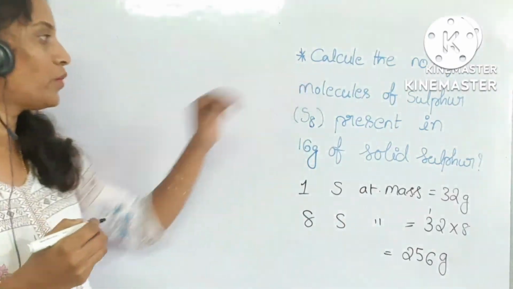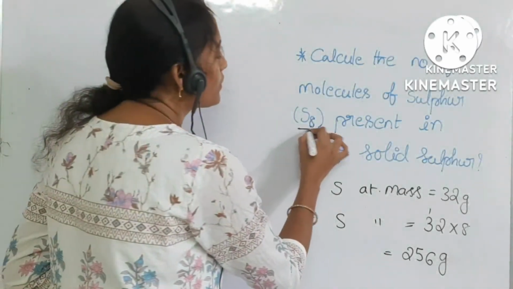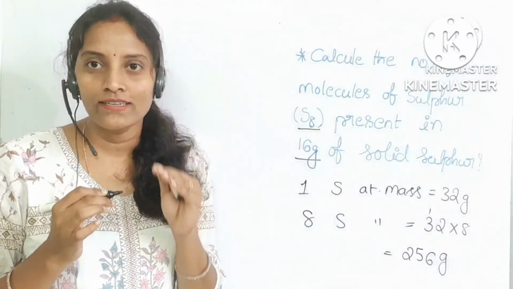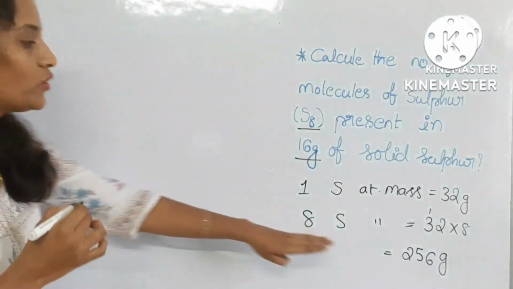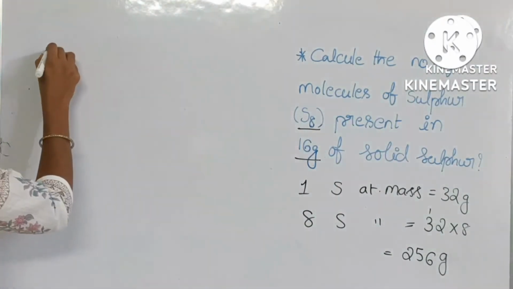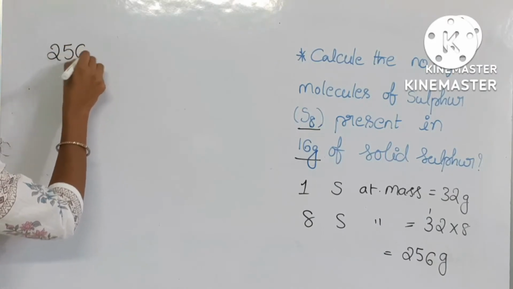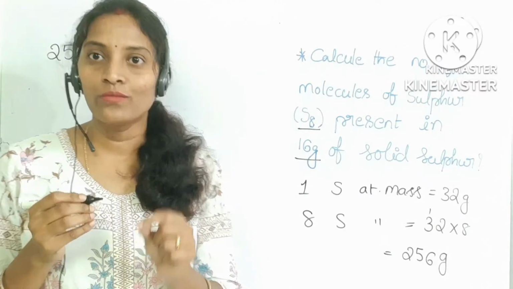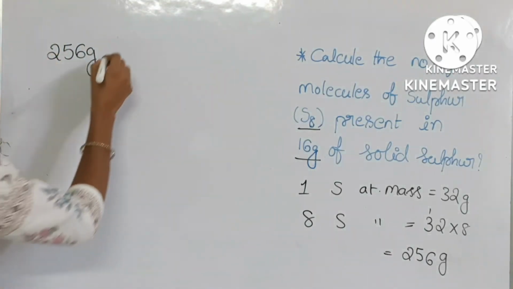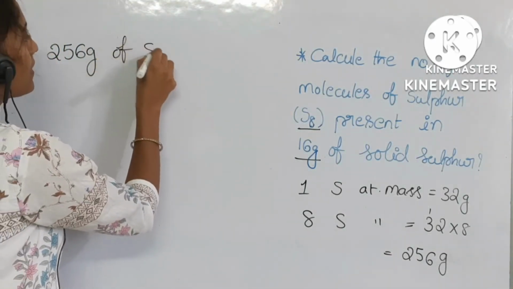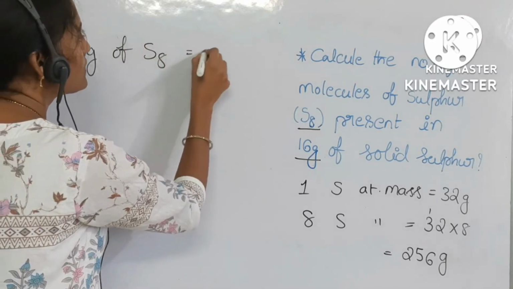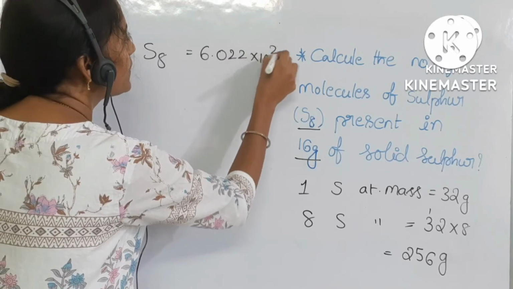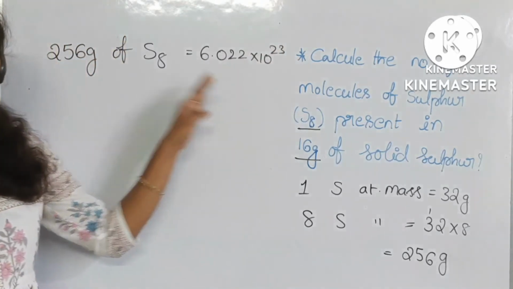Now coming to the point. Here he is asking the number of S8 molecules present in 16 grams of solid sulfur. Now you can take this: 256 grams of S8 molecules is nothing but 1 mole. That 1 mole, 256 grams of S8 molecules, is equal to 6.022 into 10 power 23 molecules.